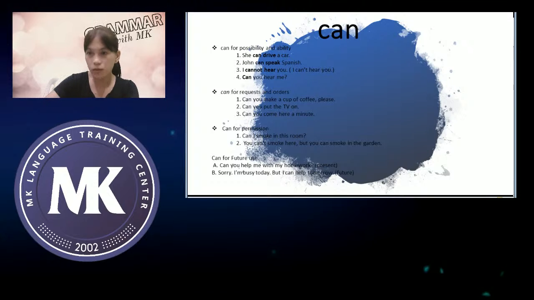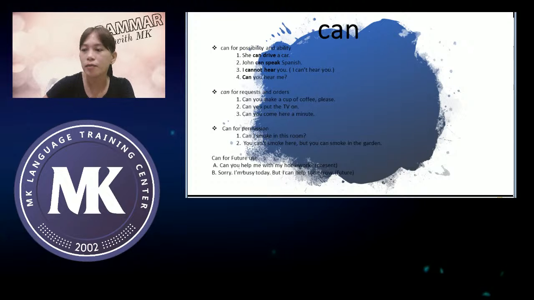Yeah, can for future use. Normally we use can for the present tense, but there are times that we also use can for future ability, especially if you make a decision in the present about a future ability.